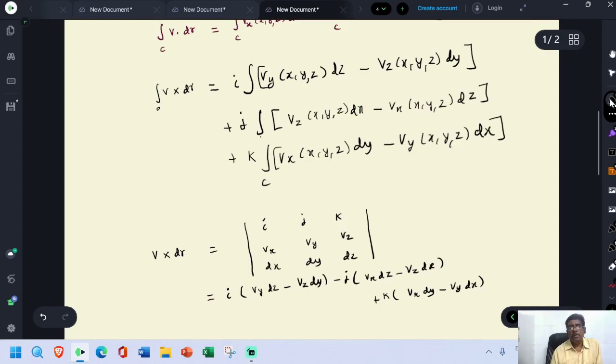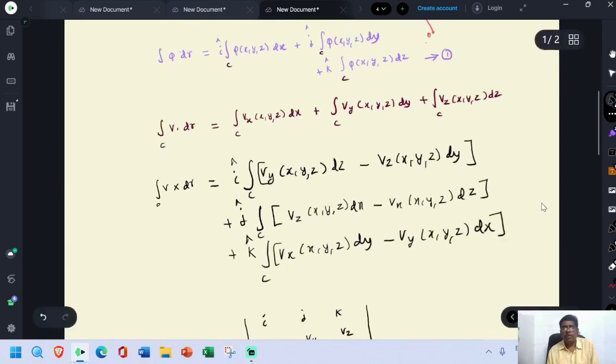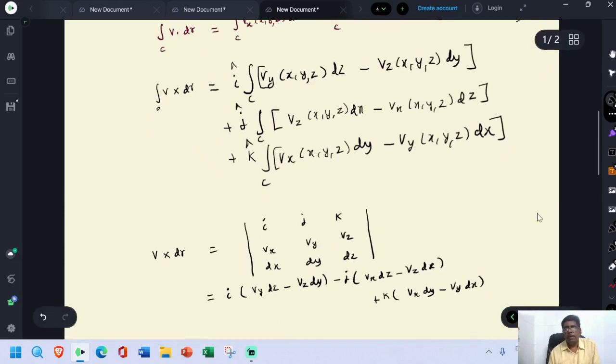Here C is contour C. These are all unit vectors. This is the value of v cross dr. This is v dot dr, equation 2. This is v cross dr, equation 3.